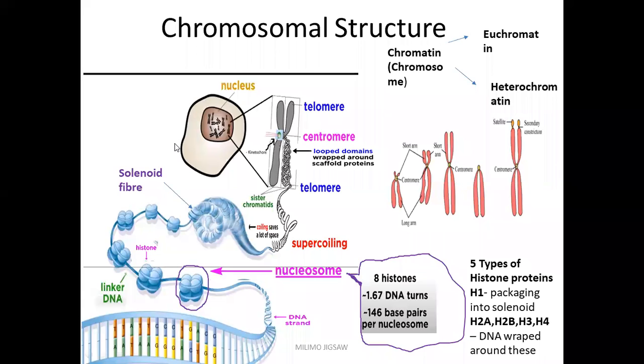When we look at eukaryotic cells, the genes could either be located in the nucleus on the chromosomal DNA, or in the cytoplasm, in the mitochondria. Remember, mitochondria has DNA, and chloroplast also has DNA as well.